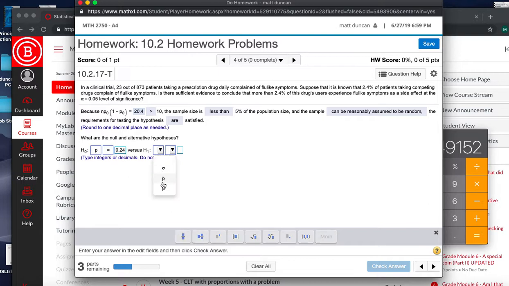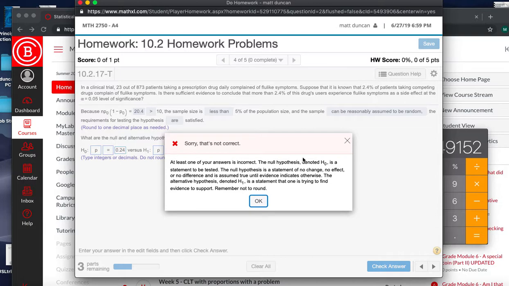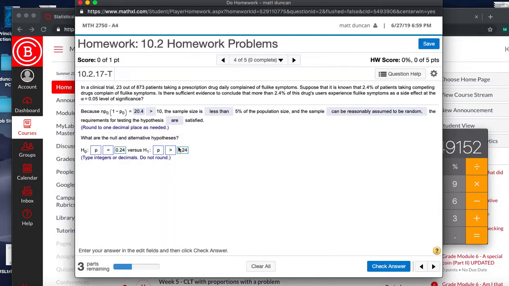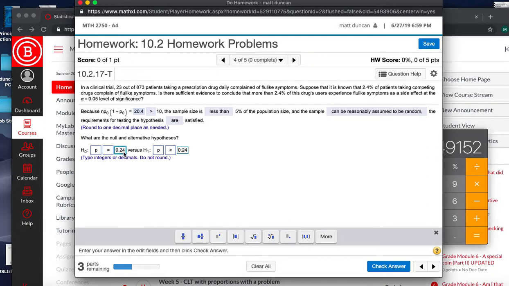Everything else is going to be the same, except we're going to have an inequality here, and that comes from the problem. Look at the last sentence: is there sufficient evidence to conclude that more than, so your alternative is going to be greater than. My decimal was wrong. It's 0.024, sorry. 2.4% is not 0.24, that's 24%. Let's try that again.